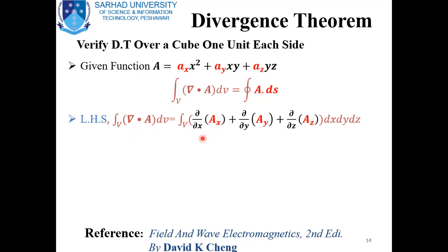The formula for the divergence of vector A in the Cartesian coordinate is given, in which Ax, Ay and Az are the x, y, z components of vector A. For Ax we can write x squared, for Ay we will write xy, and for Az we will write yz, and then we differentiate with respect to x, y and z coordinate respectively.